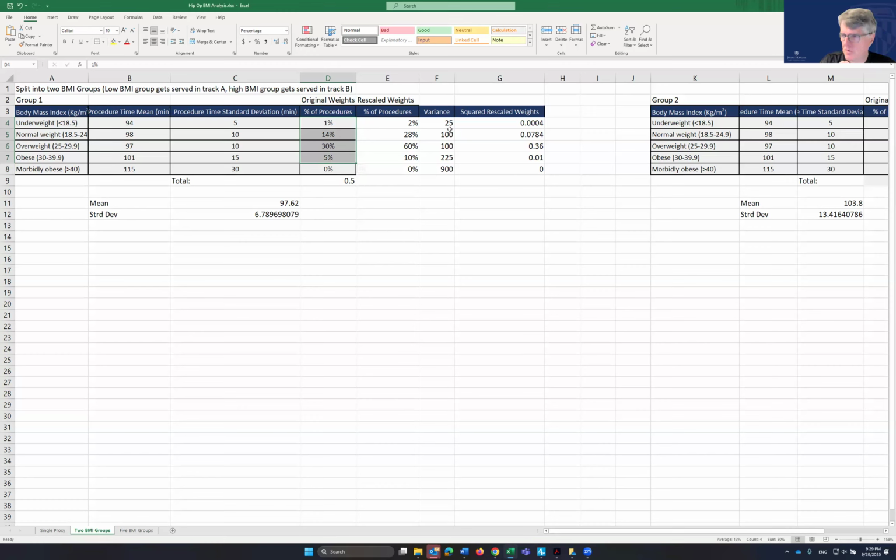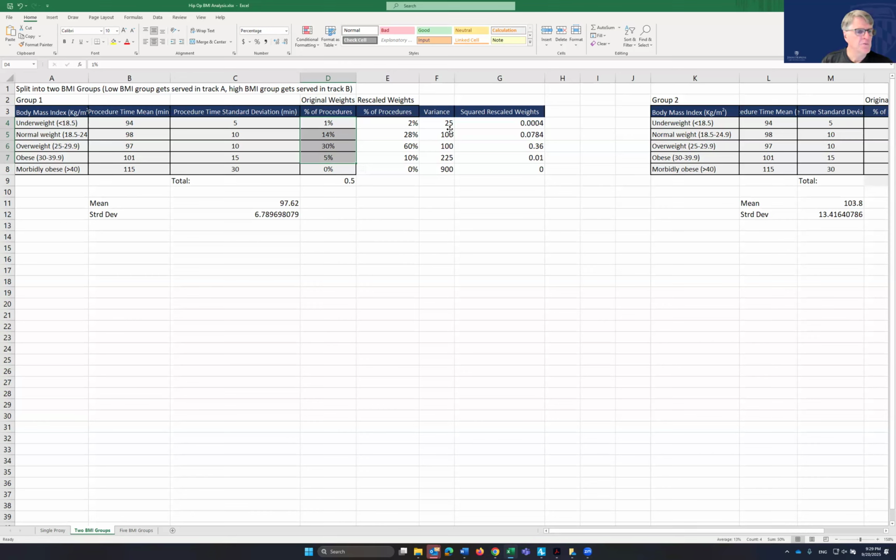And I'm going to do exactly the same calculation I had previously for the entire patient group, doing a weighted mean and a squared weighted variance, and then of course the derived standard deviation.